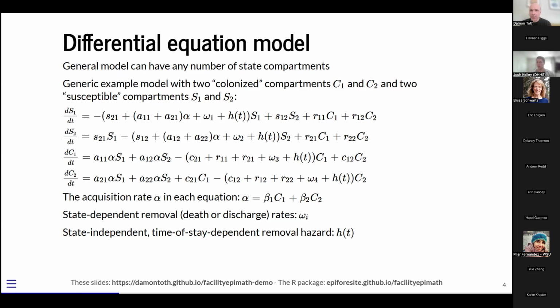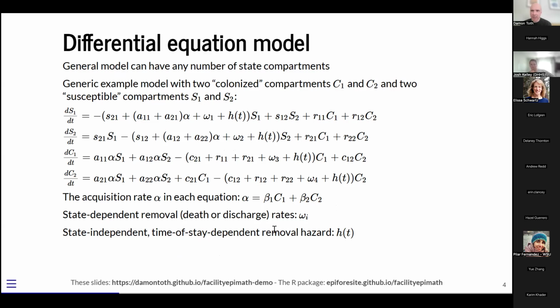That's the rate at which a susceptible patient acquires colonization, and it depends on the number of colonized people who are co-located in the facility, where the two colonized groups, C1 and C2, could have different transmission rates, or different betas, to reflect the transmissibility. So every susceptible patient is potentially exposed to every colonized patient and acquires according to that, which is the transmission component. So that's where the nonlinearity comes in this system.